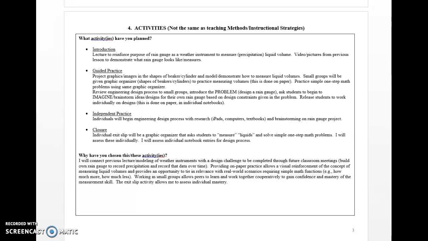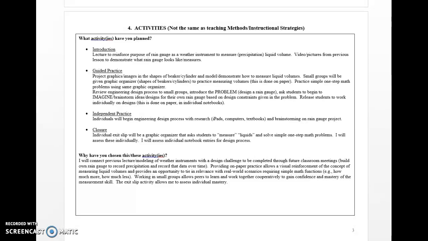So those groups will be given their own graphic organizers, so their own little outlines of beakers or cylinders, something to represent a rain gauge, to practice these measuring volumes. This step would be done on paper. We could carry this from this lesson going forward. We can do some hands-on using actual cylinders, beakers, whatever they choose to represent their gauge.